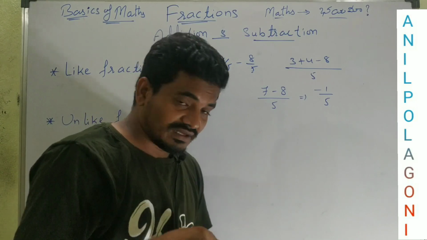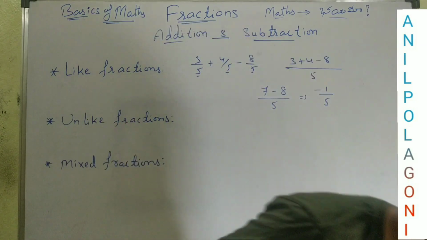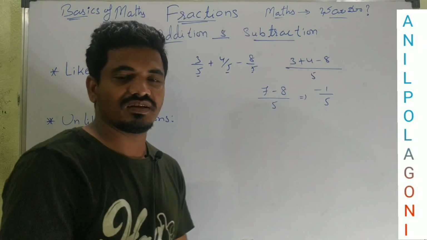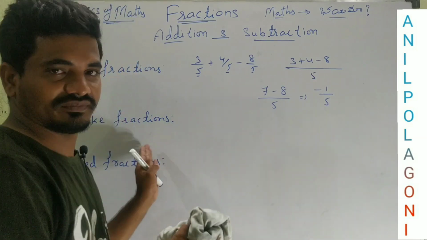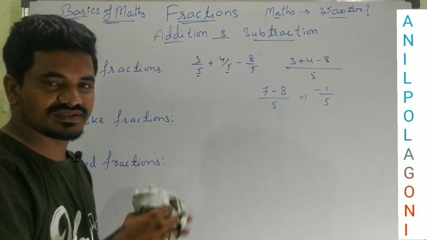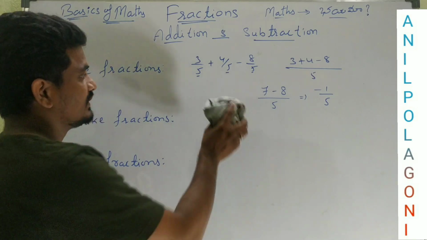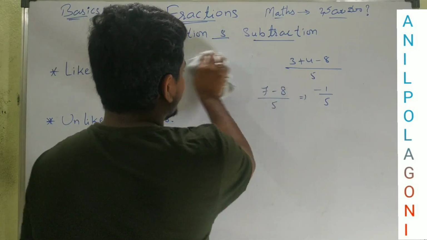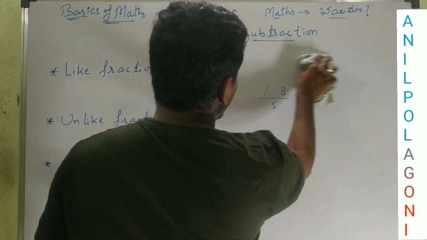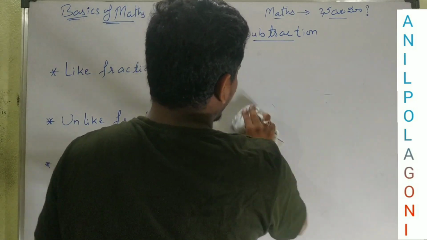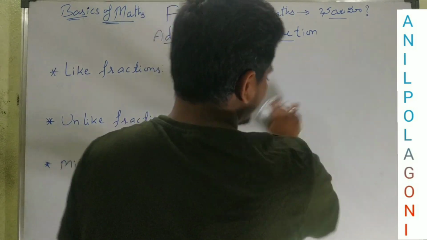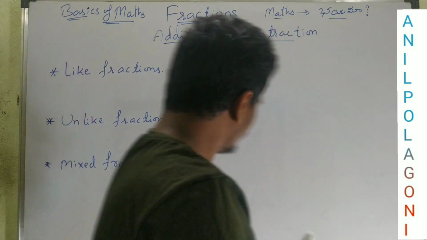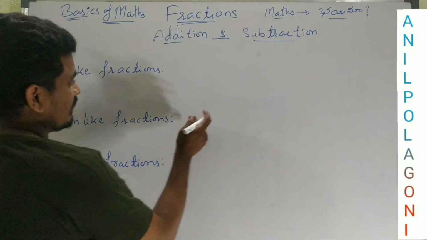But some students feel that for all questions they can apply the same method. That means for unlike fractions also they will apply the same method. That's not correct. Only for like fractions do we use this method. But for unlike fractions, how to do it, let's see. Here, in unlike fractions we have two concepts.